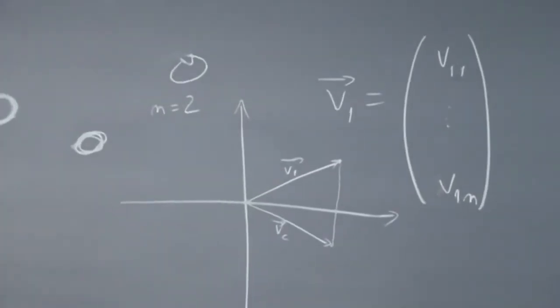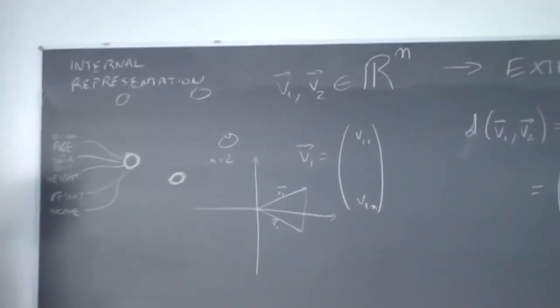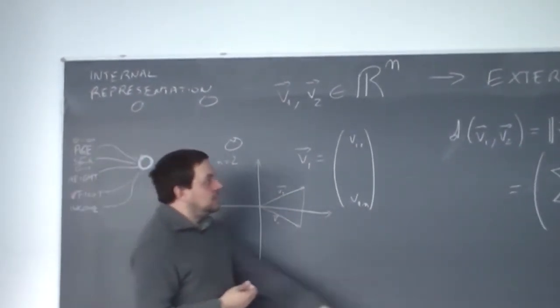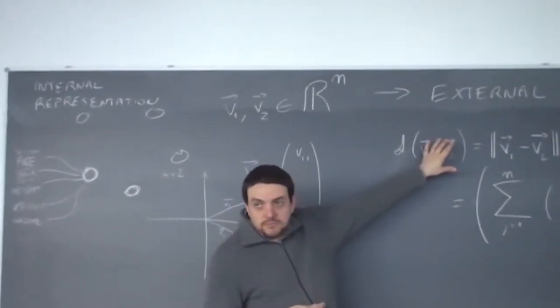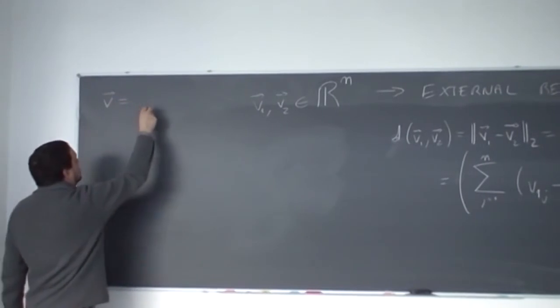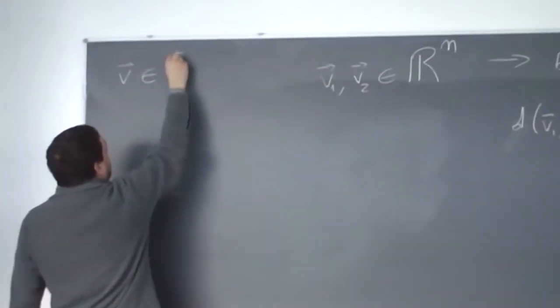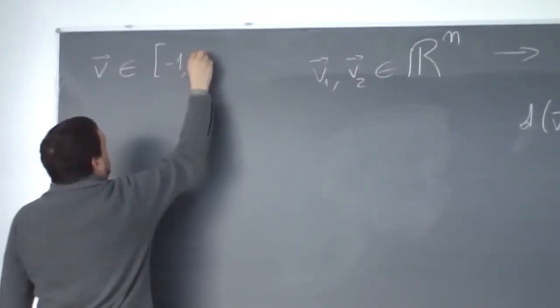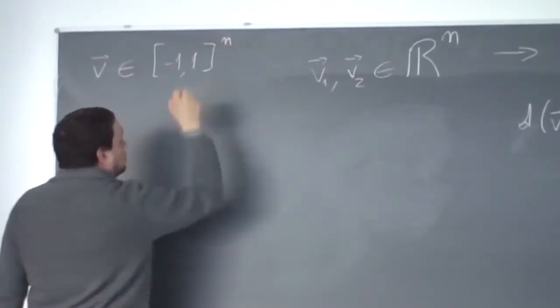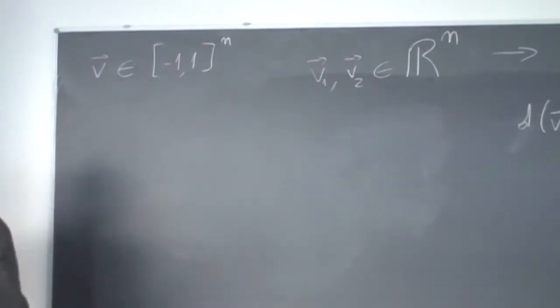This is not the only way of computing an external representation. Suppose that we can define our numbers so that vectors are n-tuples of numbers, real numbers between -1 and 1.